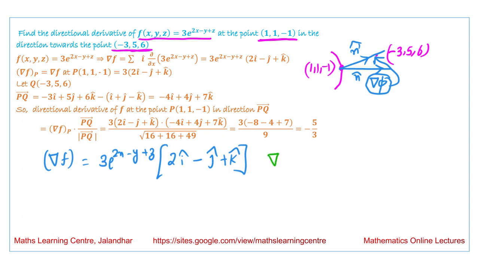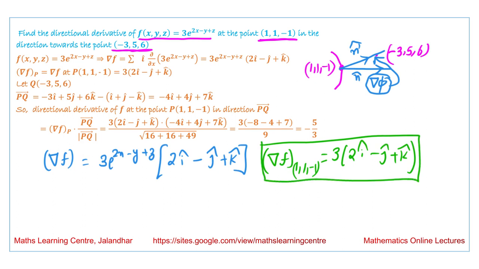Next we calculate the gradient at the point (1, 1, minus 1). Substituting, we get 1 minus 1 minus 1, so the exponent becomes 0. So we get 3 into (2i cap minus j cap plus k cap). This is the gradient, which gives the direction of the normal vector.